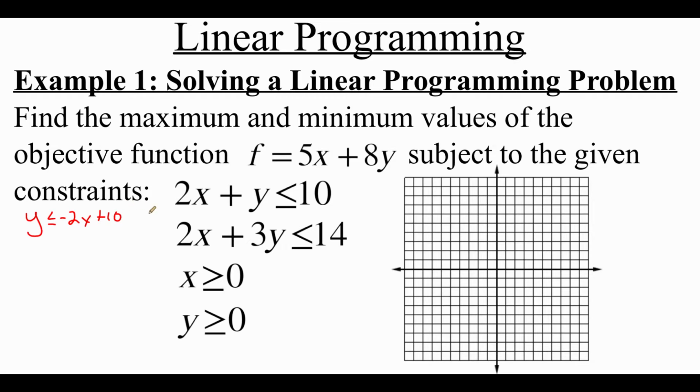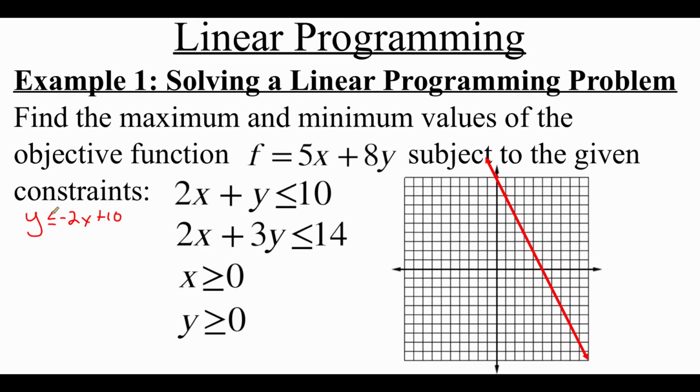The b value is 10, meaning that our y-intercept is up at 10. And then we've got a slope of negative 2. So I'm going to go down 2 over 1, and I'm going to do that a few times to give myself a good idea of what this line is going to look like. And then I'm going to go ahead and draw in my line. Now, because this inequality has the equals to line underneath it, it will be a solid line.